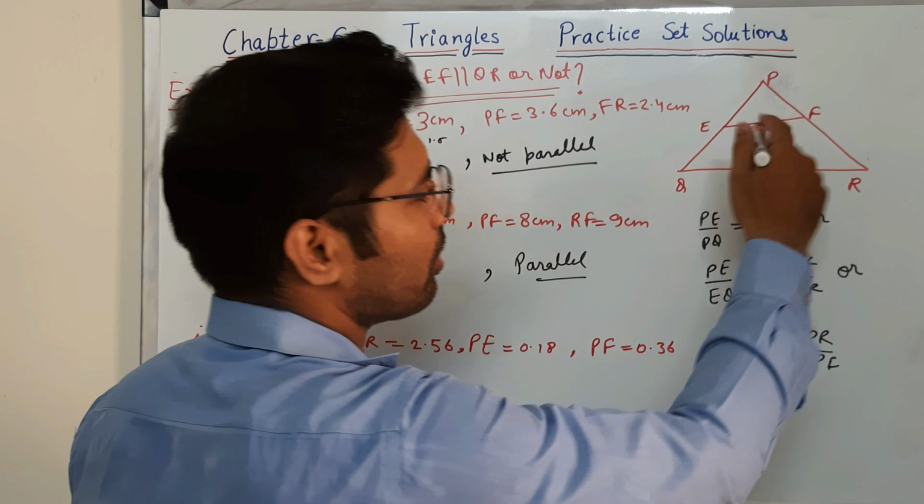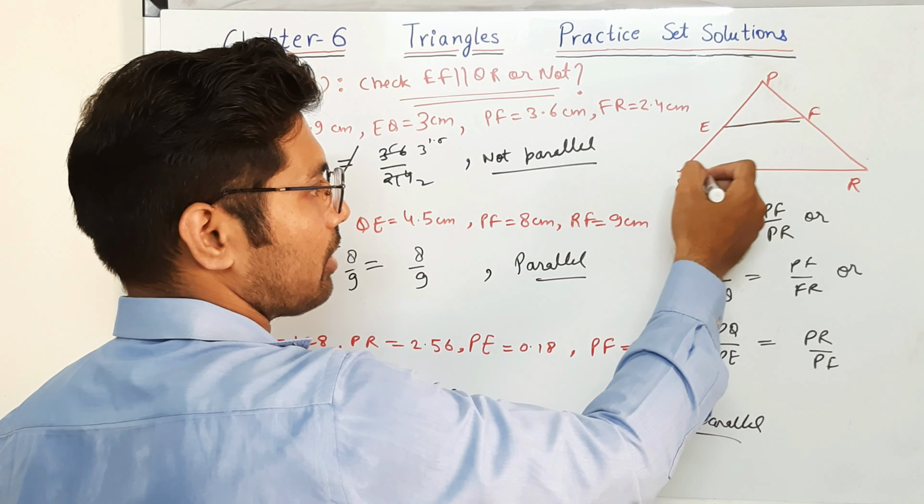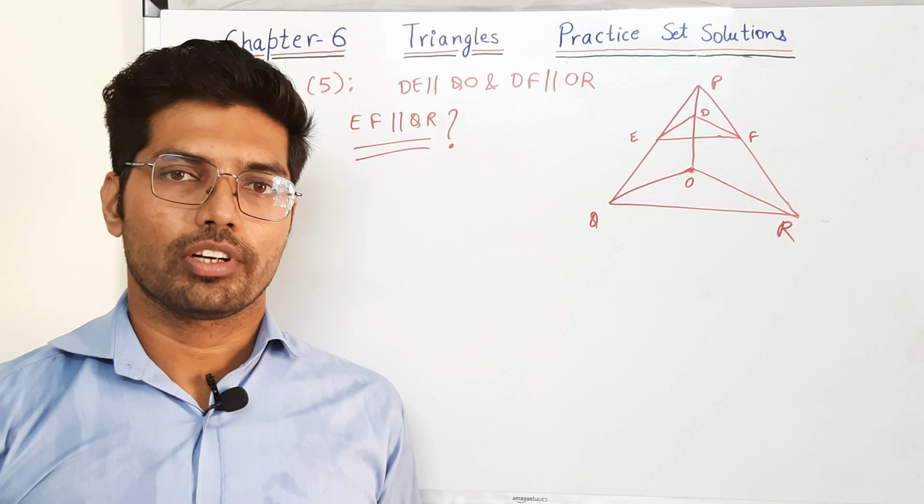The corresponding sides we need to take, because to make this line parallel to this one, the ratio of the sides should be proportional.